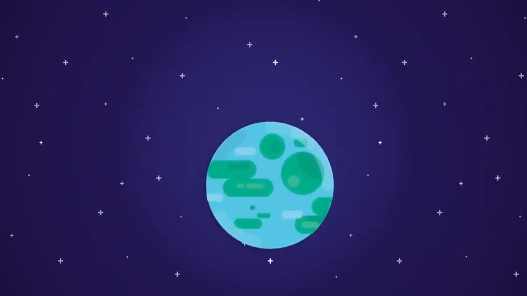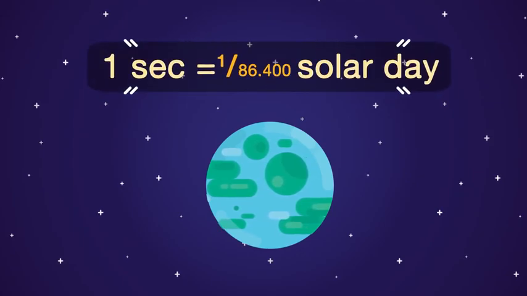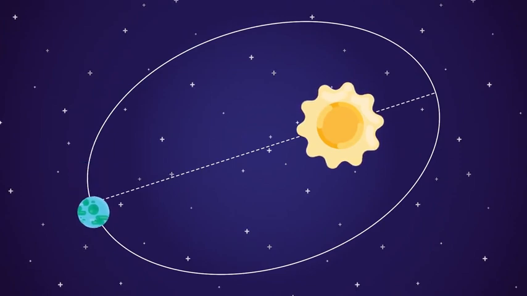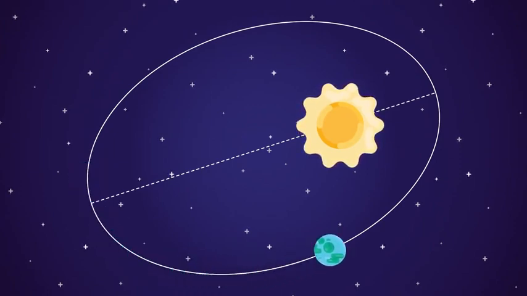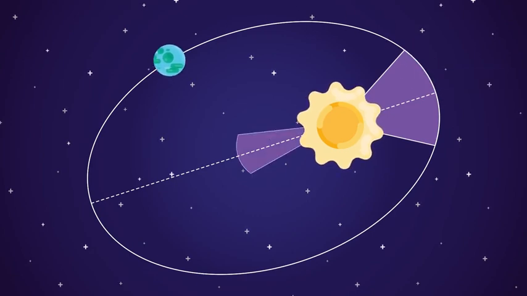Multiplied together, that equals 86,400 seconds. This means 1 second is equal to 1/86,400th of a solar day. The accuracy of the definition is, however, affected by the irregularities of the Earth's orbit around the Sun, which cause some solar days to be longer than 24 hours, while others are shorter.